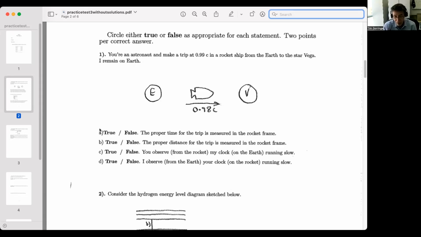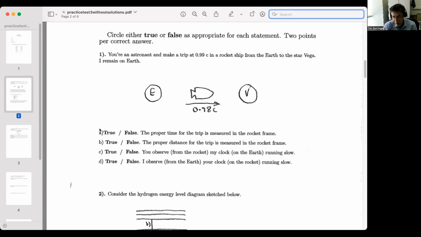If those two events are leaving Earth and arriving at Vega, they're the frame of reference in which leaving Earth and arriving at Vega are in the same location. So that's not the Earth reference frame. Leaving Earth and arriving at Vega are two different locations in the Earth reference frame. That is the rocket ship reference frame.